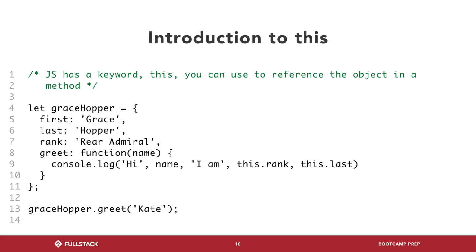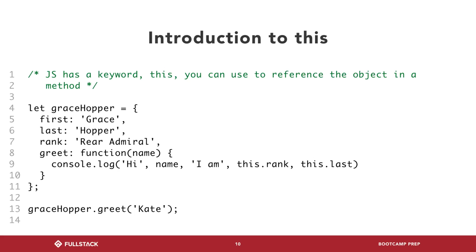And so when you do this.rank, JavaScript is smart enough to say, okay, your function, who do you belong to? You belong to this object. And when you look up this.rank, this object becomes this, and then you're looking for the rank property on this object.